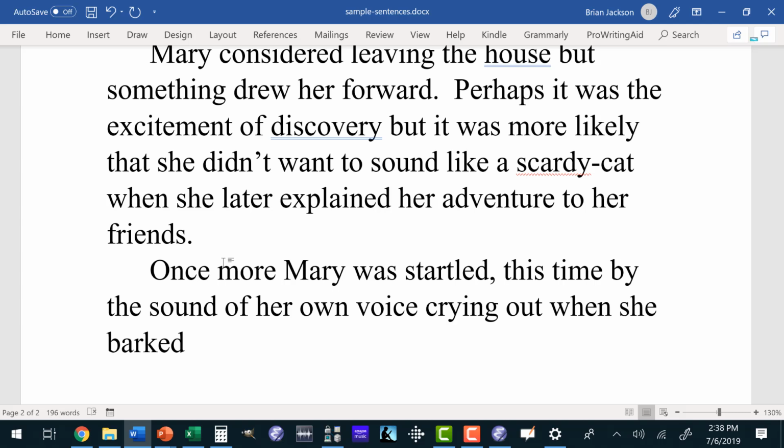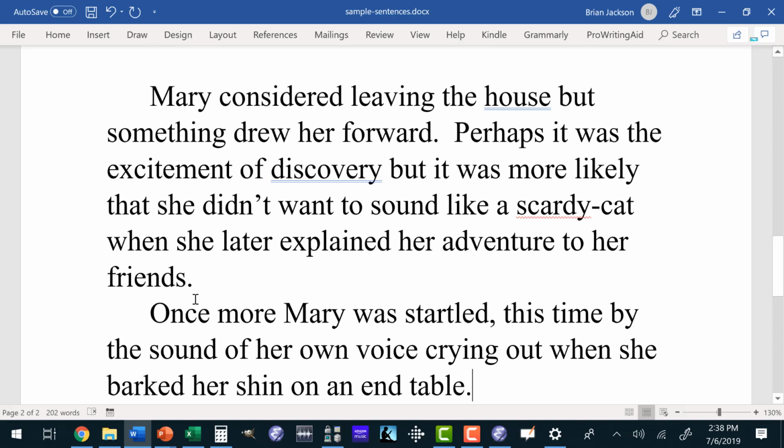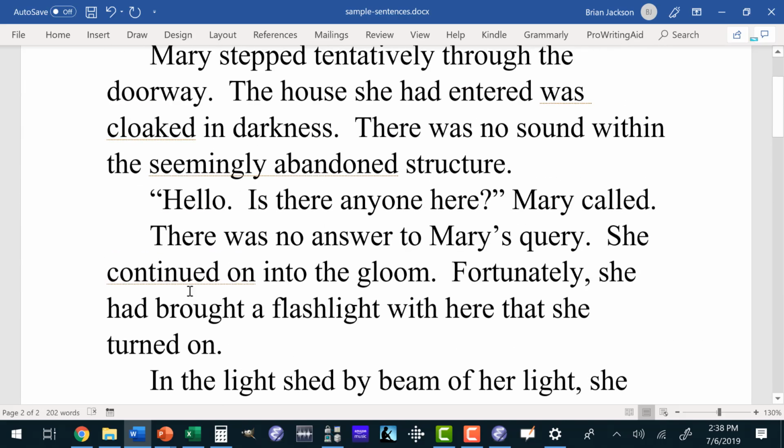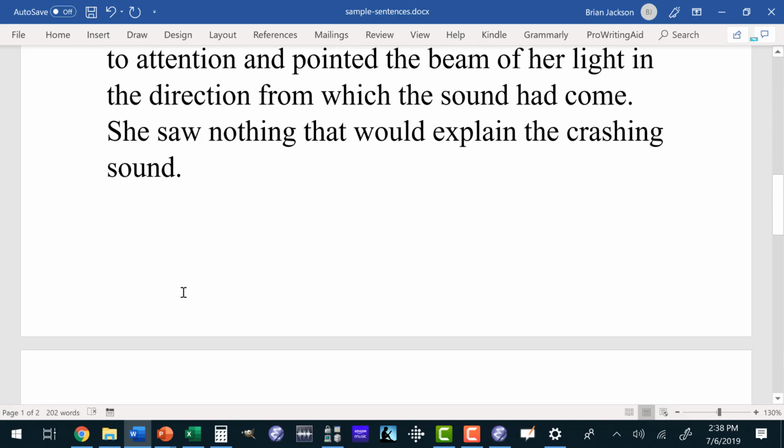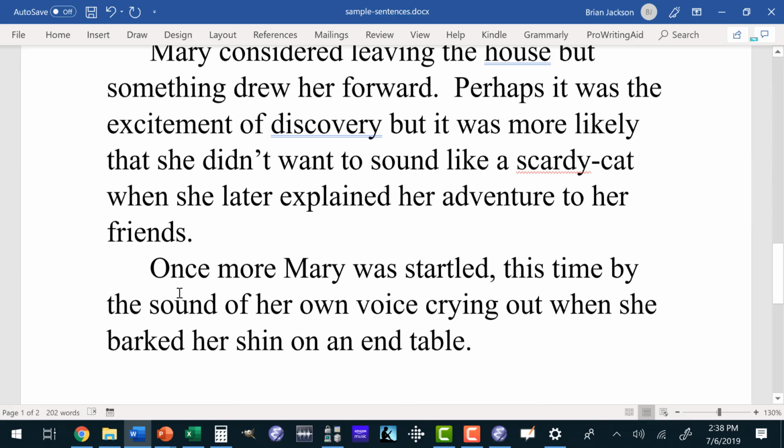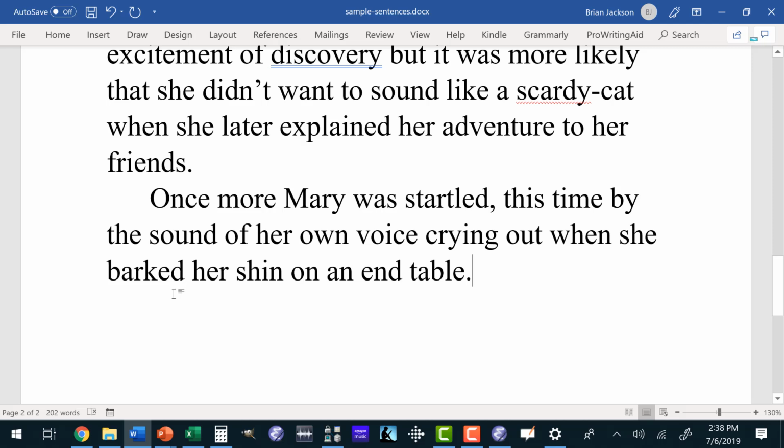That's also kind of an uncommon, slangy kind of word, but barked her shin on an end table. So we just keep on writing complete sentences. We break them into paragraphs, which we're about to talk about in the next section, and that's how you end up writing complete sentences. I hope that was enough of an example for you.